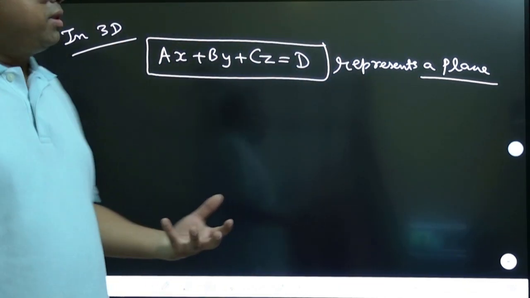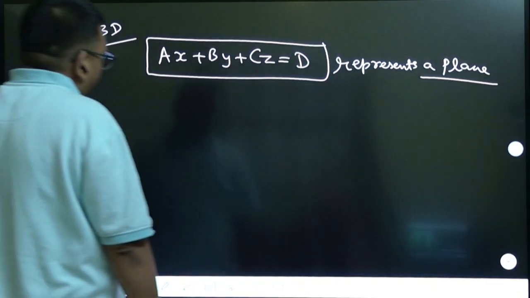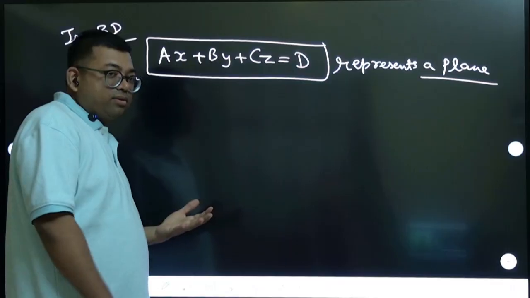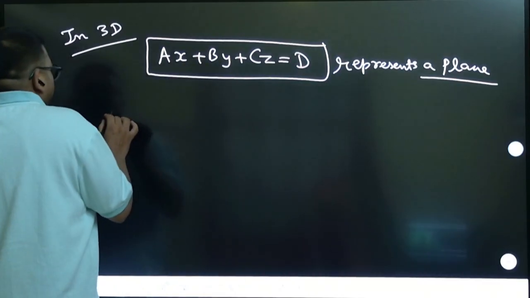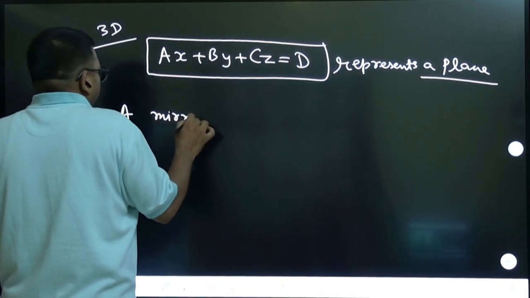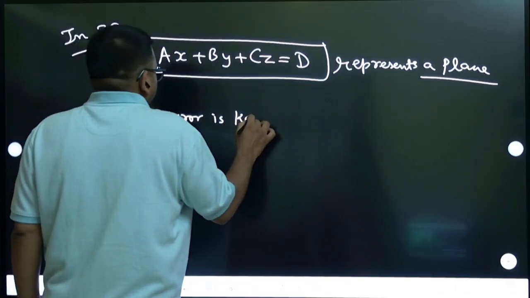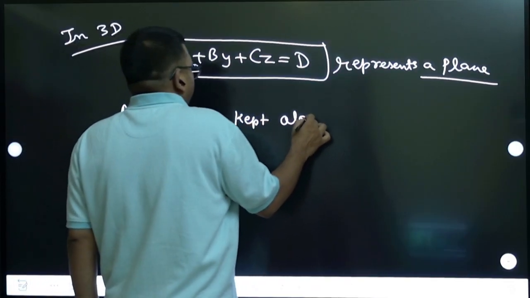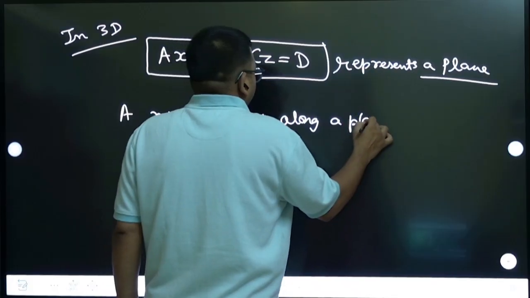Now if they give the equation of a plane like this, let me give a simple example. A mirror is kept along a plane.